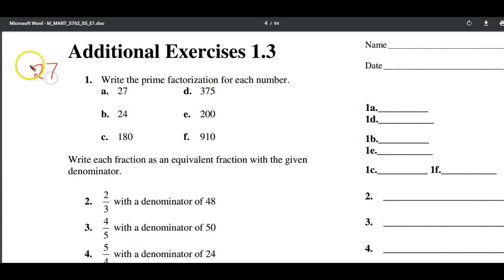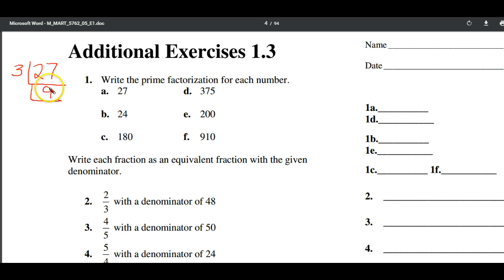27. And we said to make something like this. Now this is not even, so you can't take a 2 out. But what was the rule of threes? If you add up these digits, 2 plus 7 is 9. So you know you can take a 3 out of there. So 3 goes into 27 9 times.